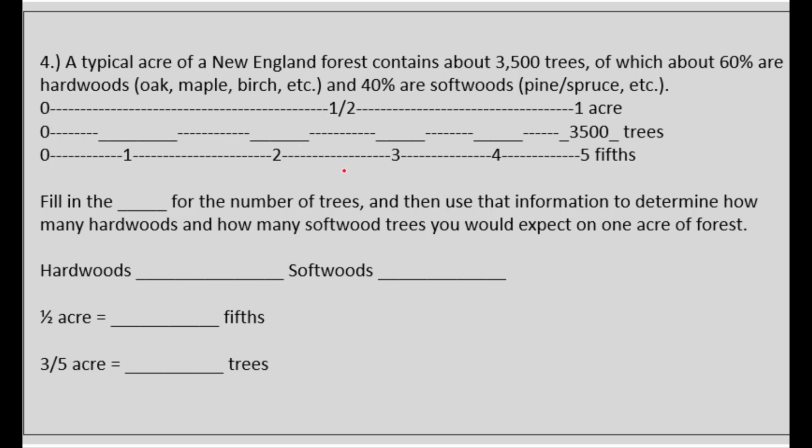So I'll just get you started, right? There's acres, trees, and fifths. So if you take 3,500 and do what to it, you'll get 1/5. And then 2/5 is twice as many as 1/5. This 1/2 is falling between 2 and 3, so it's like 2.5 fifths.